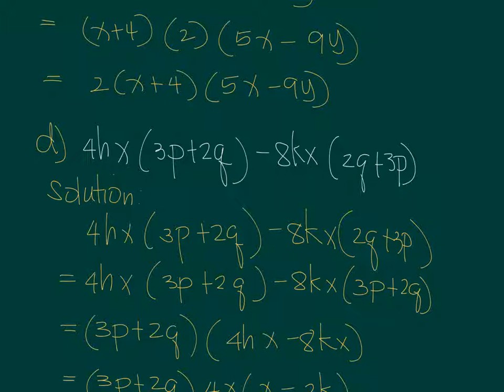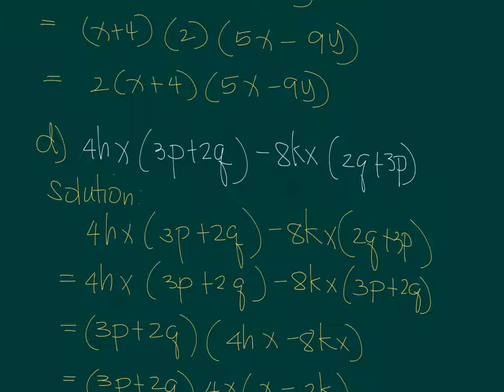So that means you have to arrange first the expression so that you will see the common factor. As you can see in the second step, I have arranged 2q and 3p. I have written 3p before the 2q. So it is now clear that the common factor is 3p plus 2q.